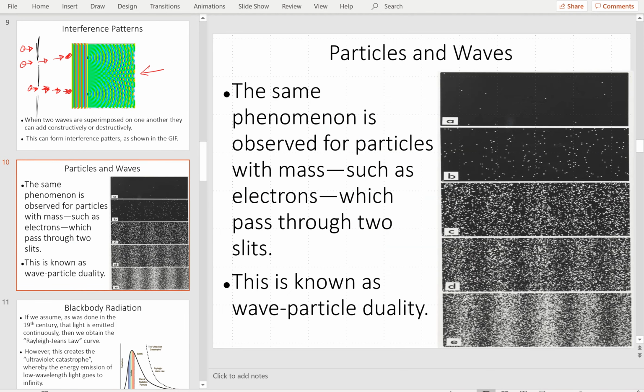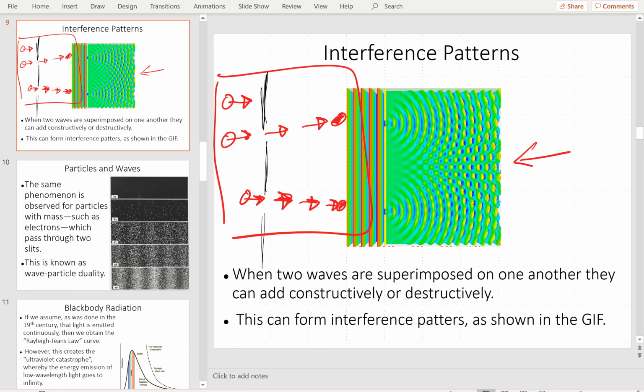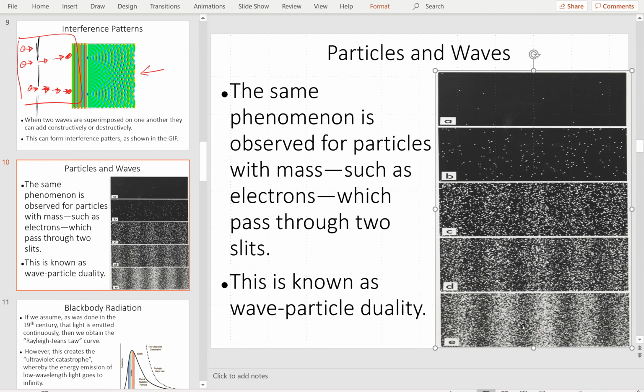Imagine you take electrons, these particles, and you emit electrons, you throw them at a barrier that has two slits in it, and then on the other side you have another wall, a far wall, and that far wall has some film, which will then tell you where each electron hits the film. So what you would expect to find is electrons would just hit the parts of the film that are opposite to the slits. In reality, even if you emit one electron at a time, what you find is an interference pattern. So you find that electrons behave like waves.